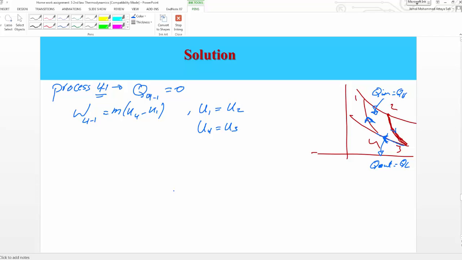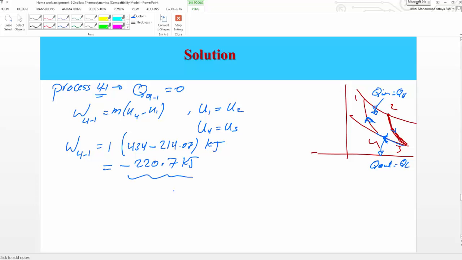And so the work 4 to 1 is equal to 1 kilogram multiplied by U4 minus U1, in kilojoule, and that's going to give you exactly the same amount of work as process 2 to 3. But notice that this is minus because it's an adiabatic compression.